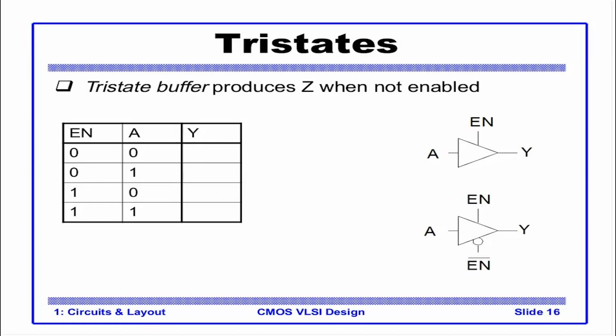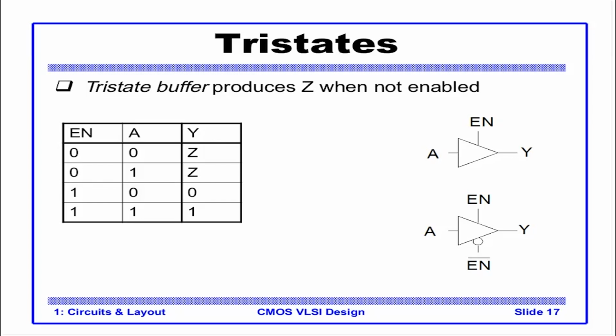Whenever enable is 0, the output is not connected to input, and we represent the logic level on output to be Z. The Z is a tri-state, that means it is neither connected to VDD nor VSS. Now whenever enable is 1, it simply acts as a buffer.